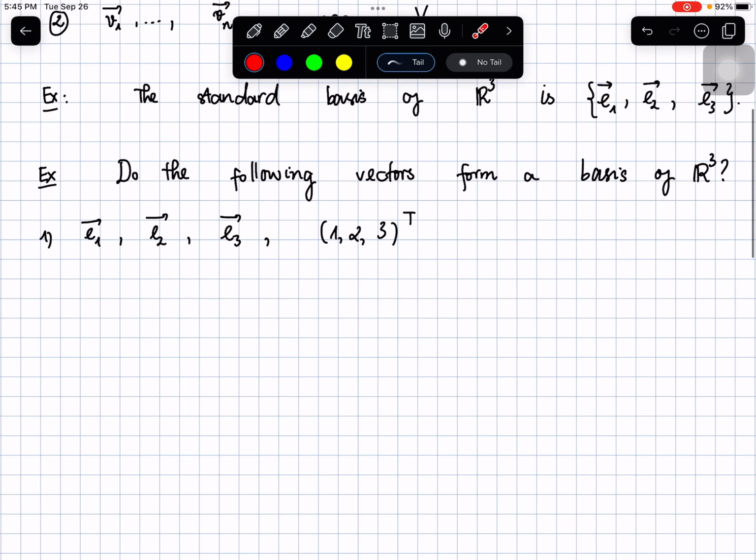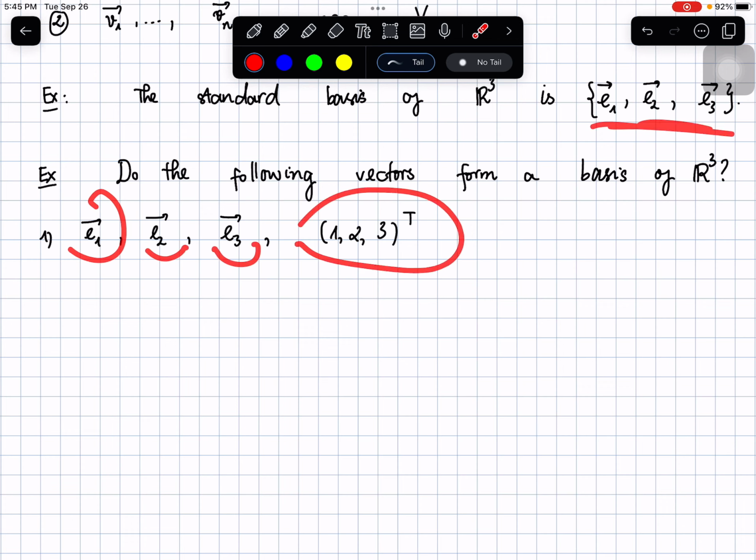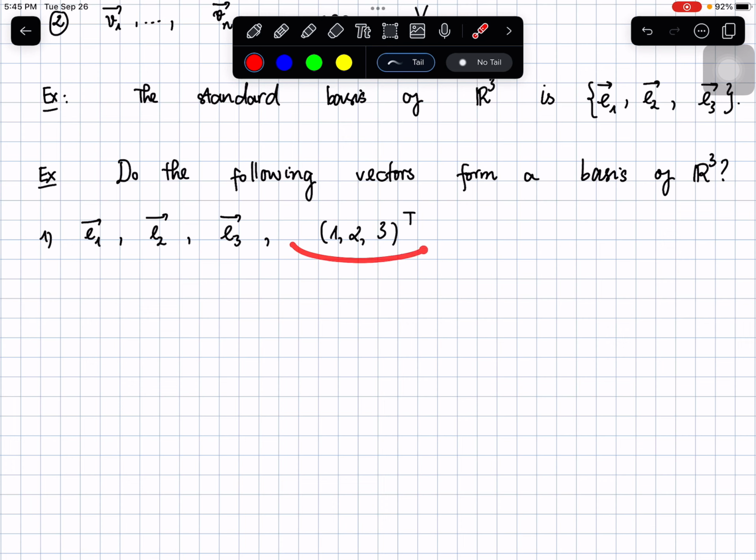So here we have another example. Do the following vectors form a basis of R3? e1, e2, e3 are these vectors, and (1, 2, 3) transpose, so another column vector here. And they don't form a basis of R3 because they are not linearly independent.